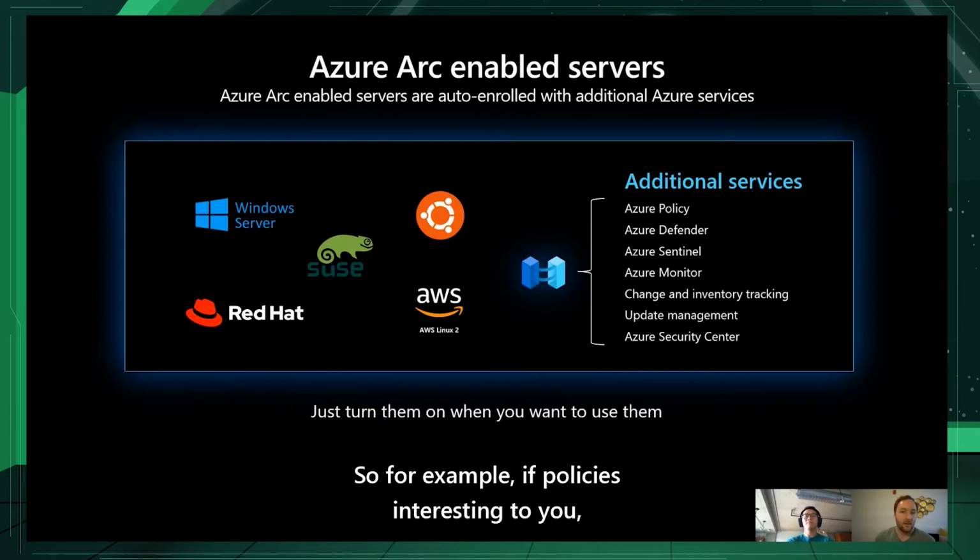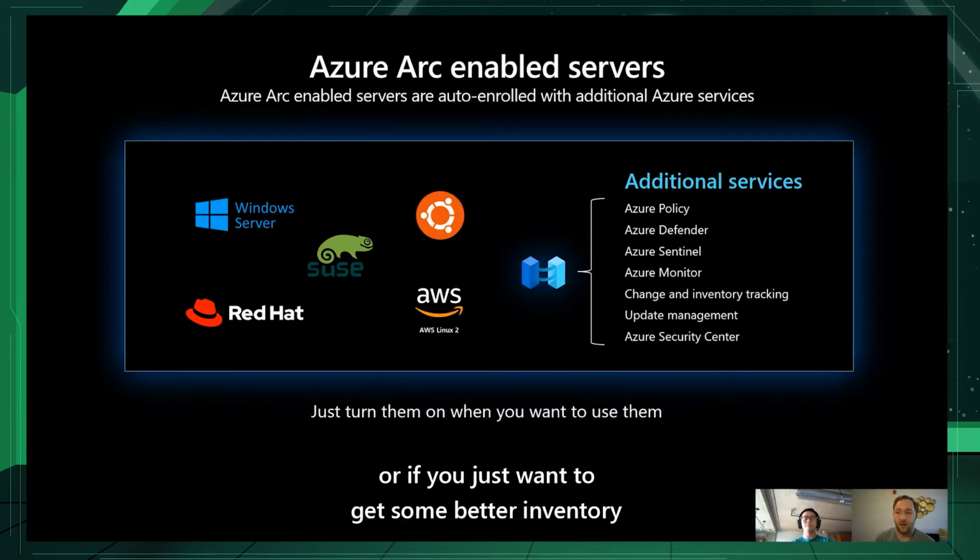So for example, if policy is interesting to you, you can get started with that. If you're looking for security solutions, Azure Defender and Azure Sentinel are your go-tos for that. Or if you just want to get some better inventory and update management, those solutions are available as well. You pick and mix whichever ones make sense for you, and Azure Arc is there to help make the onboarding of each of those services even easier.